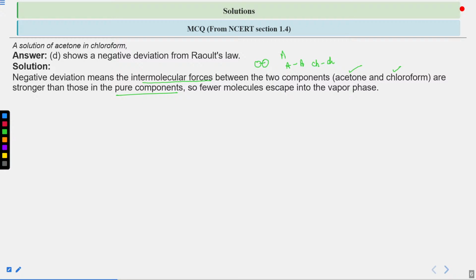So the negative deviation means that the intermolecular forces between the two components are stronger than those in the pure components, so fewer molecules escape into the vapor phase.